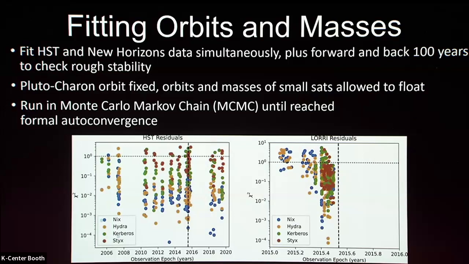It did actually manage to get a bunch of pre-coveries of Kerberos, which was nice, but Styx wasn't detectable until the WFC3 era. And even then, on the New Horizons approach, it wasn't until we got very close in that we actually had Styx. So Styx is definitely the least constrained of any of these satellites, and that's very important for stability.